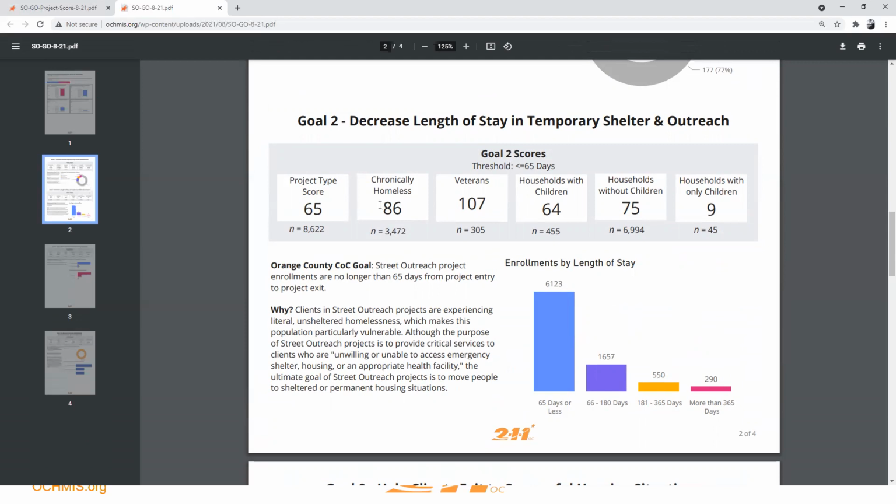Our threshold is 65 days or less, and you can see it across the different subpopulations. I was interested to see that veterans were a bit longer than everybody else. I don't know if we have any veteran street outreach on the call that can speak to that, or if Cassie, CityNet interacts with a lot of veterans.